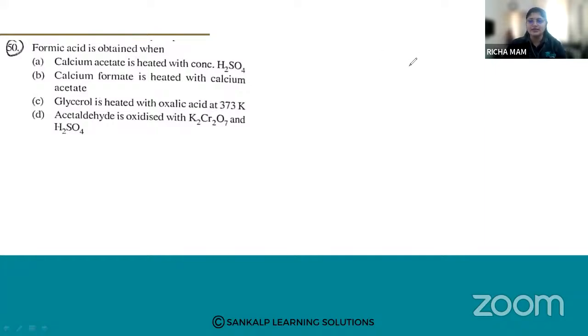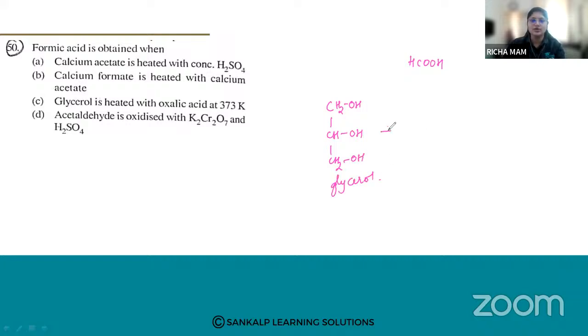So formic acid, just now I told you, is HCOOH. So how is it obtained? Suppose I have glycerol, that is CH2OH, CHOH and CH2OH. This is my glycerol.